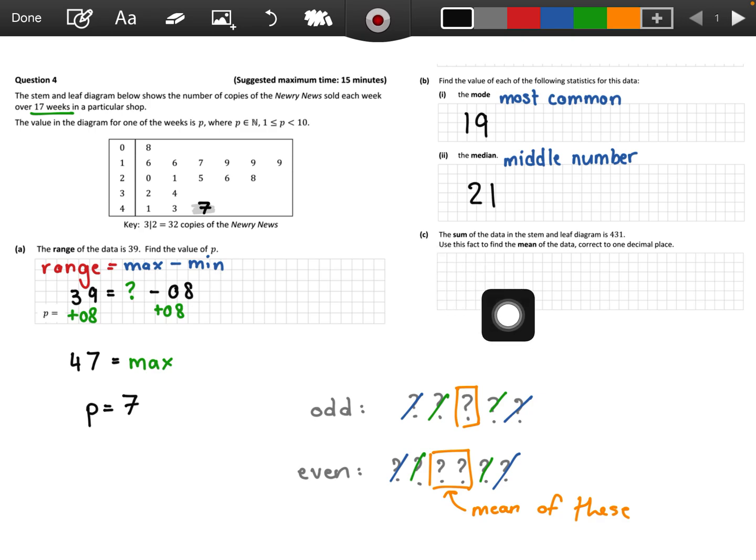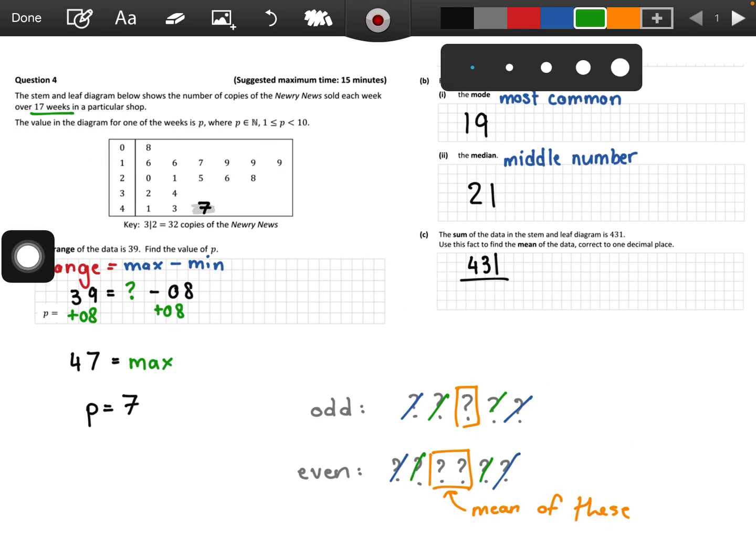The mean uses the sum of the information, because the mean is that we add them all up and divide by the amount that we have. Not only have they given us the hint that we need to use the sum of the numbers, but they've already added them all up for us. So once I've added them all up, which they've done for me, I need to divide by the amount of pieces of data I have, which is 17.